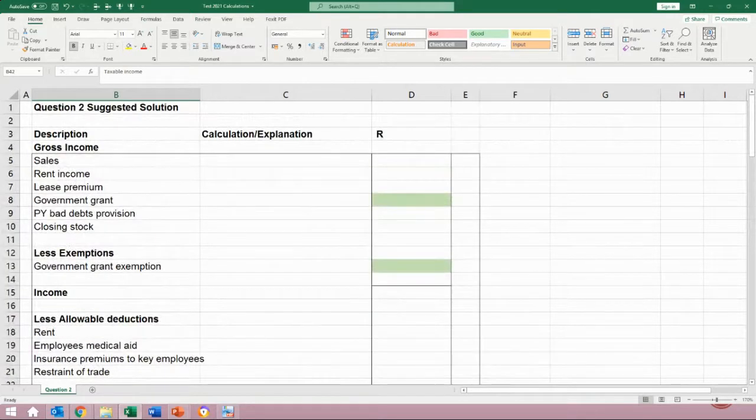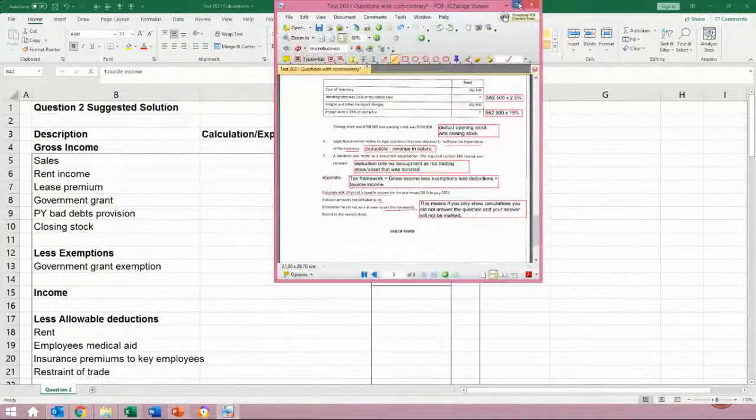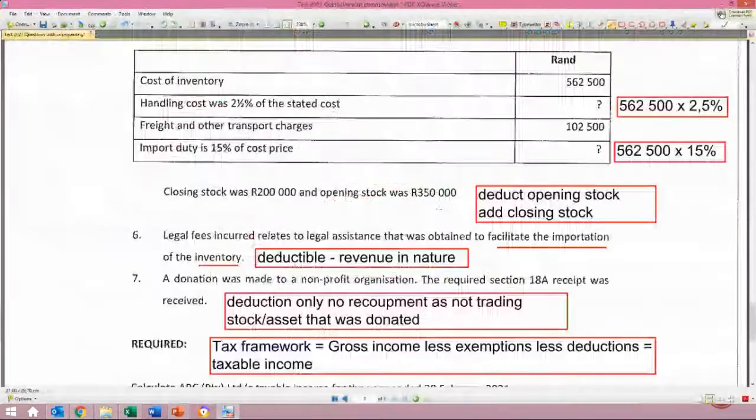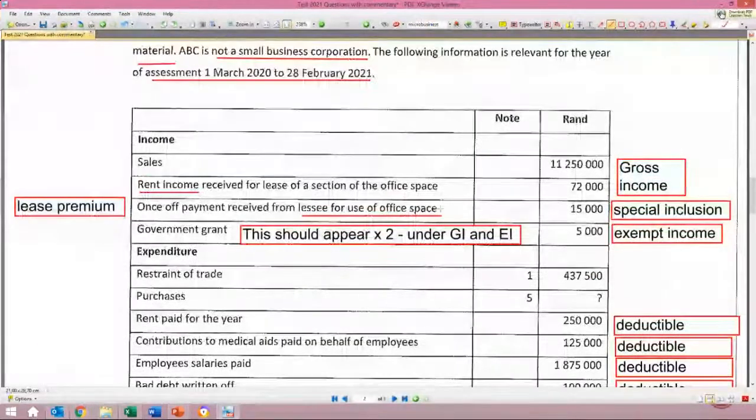Now, based on the question, if I just load it up here again, our sales amount was 11,250,000. Our rental income was 72,000, and our lease premium was 15,000, and government grant was 5,000.